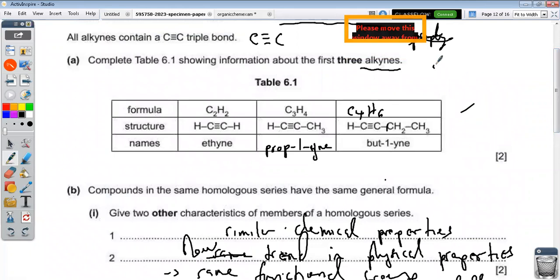Let's see. I want to see what's happening to the hydrogen. 2, then 4, 6. So this one is increasing. I want to concentrate on the hydrogen here. I want to use maths, your sequences. This one is increasing by 2. This one is increasing by 2.